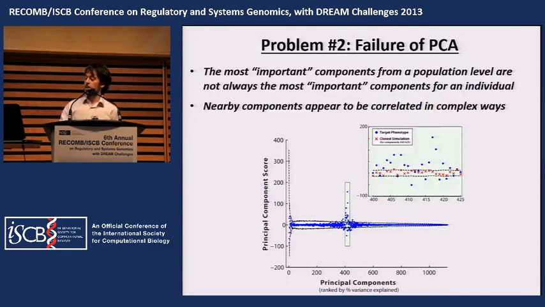So what are the take-home messages? The first is that the most important principal components, as you would define them from a population level, don't always capture these idiosyncrasies of individual phenotypes and are not always the most important components if you're considering an individual. And the second observation is that nearby components appear to be correlated in complex ways, so that in the target phenotype there is a burst or a cluster of significant components around 400 to 425, but not after that or before that.